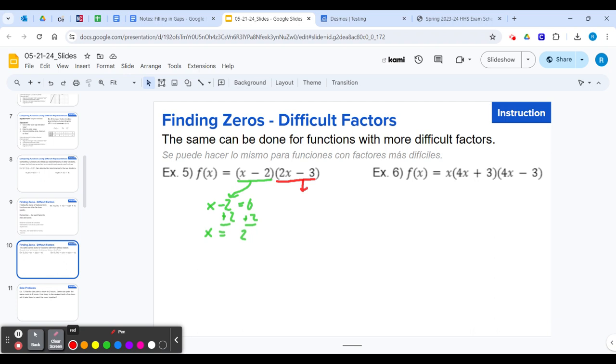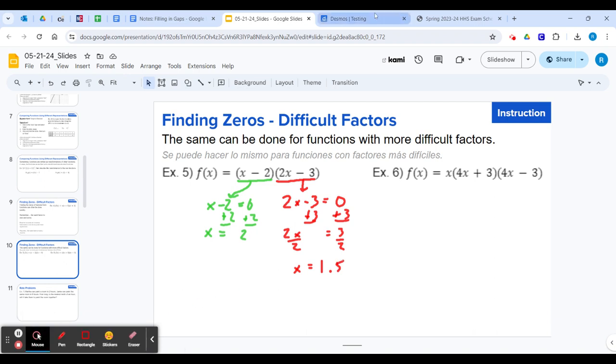If I do this for this red factor, 2x minus 3, and set that equal to 0, we just have to take a few more steps. So I add 3 to both sides. I get 2x equals 3. And then I can divide both sides by 2 and get x equals 3 halves, or x equals 1.5.